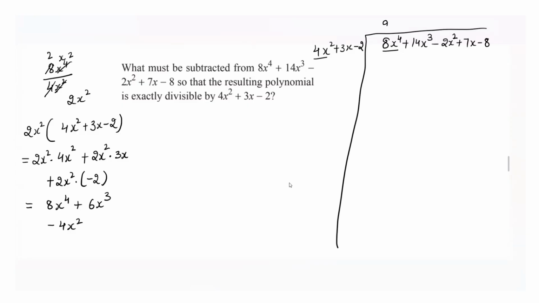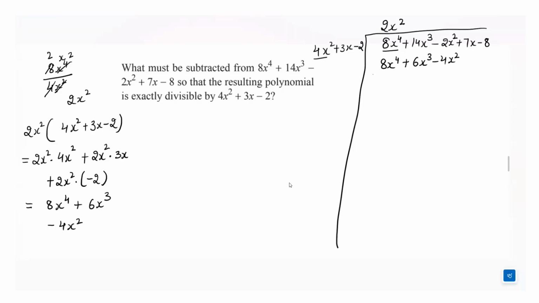Now we will write down here 2x raised to power 2, and now we have to write down below whatever values we got when we multiplied 2x squared with 4x squared plus 3x minus 2. But make sure whenever you are writing the values, write down the like variables below the like variables. Then we have minus 4x squared.